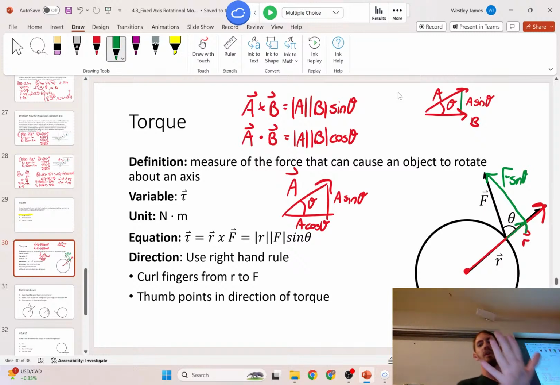For those online, you put your fingers in the direction of R, in this case up to the right. You then rotate your hand so that you can swing your fingers towards F, almost like a door. You can't really swing your fingers backwards. You kind of can, but it won't go smoothly. So in this problem, the torque is out of the board. And in this problem, the torque is out of the board.